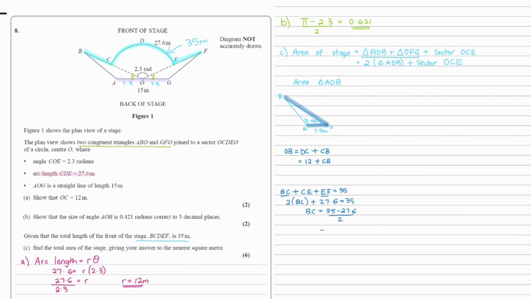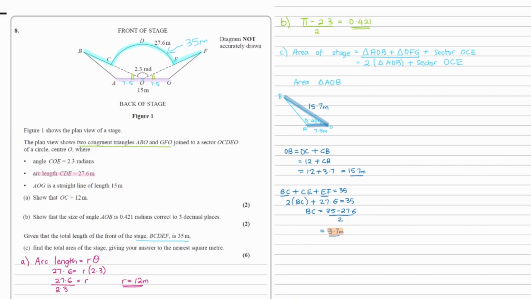And if we work this out in the calculator, we will find that BC is equal to 3.7 meters. We can now use this length in order to find the length OB. So if we substitute this, we can write 12 plus 3.7, and this gives us 15.7. So the length OB is 15.7, and we can label that on the triangle here.